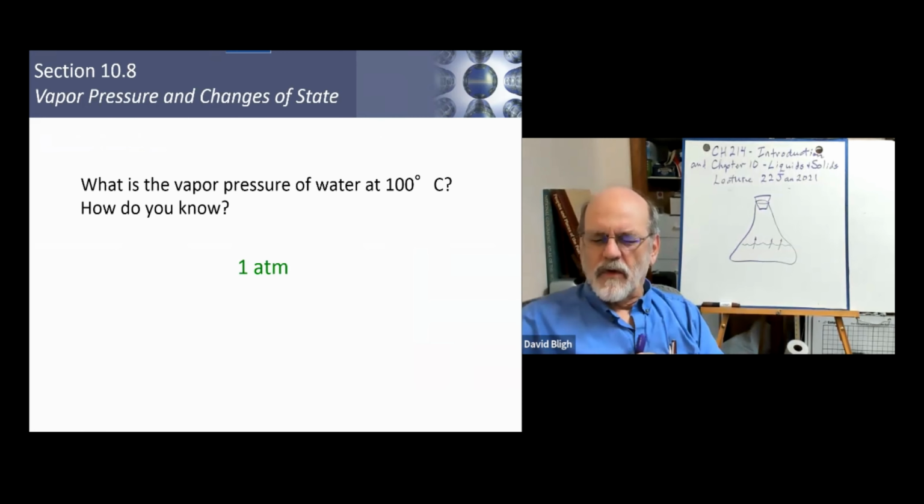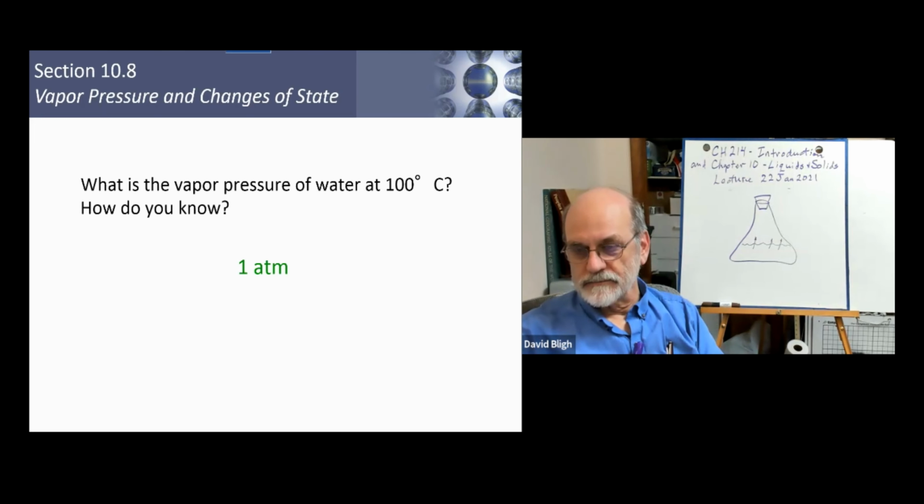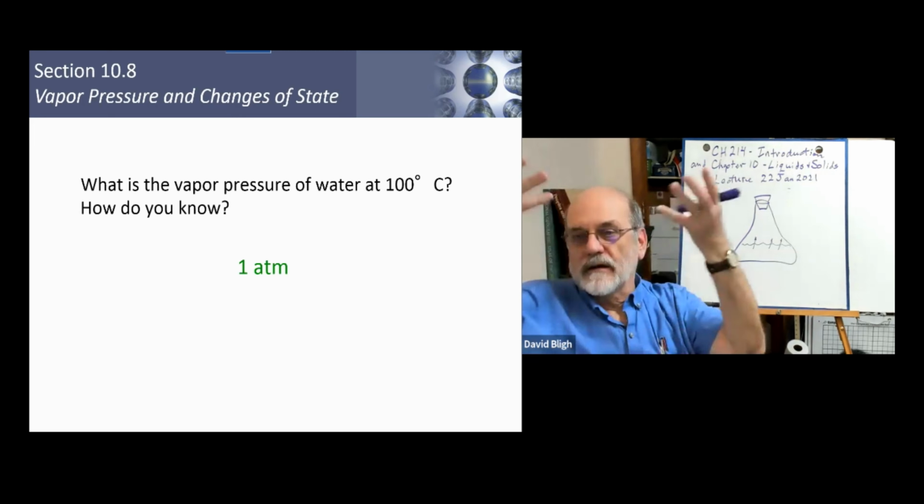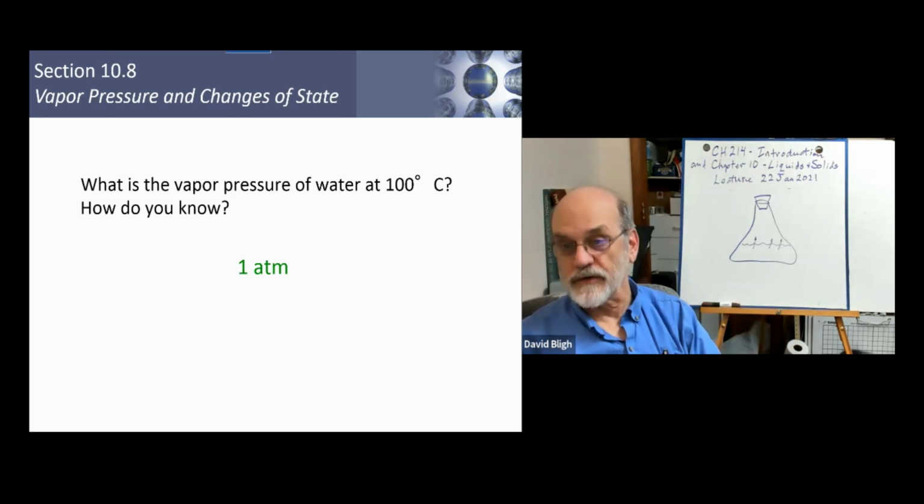Because when you reach 100 degrees centigrade, what happens to water? Well, if there's 1 atmosphere pressure and it's boiling, then you know that 1 atmosphere is bearing down on the top as 1 atmosphere is forcing atoms off the surface.